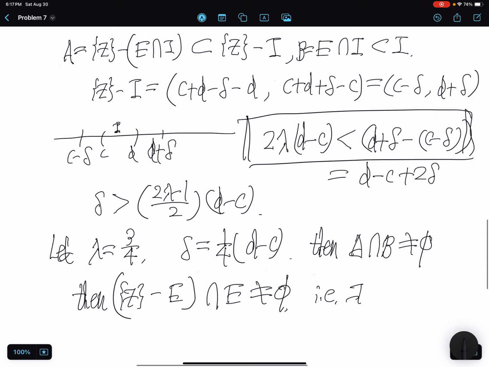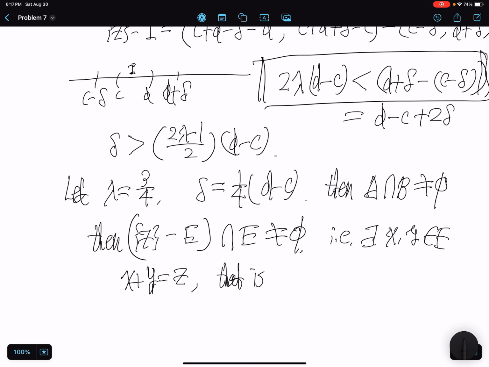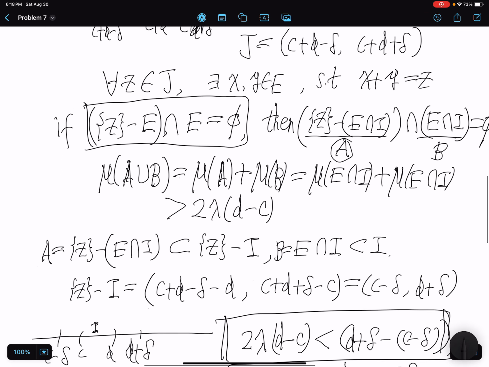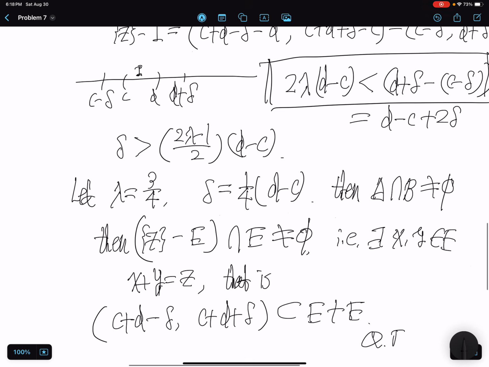In other words, there exist X and Y in E such that X plus Y equals Z. So what we have proved is that for any Z in this interval J, defined by C plus D minus delta and C plus D plus delta, Z is contained in E plus E. We're done.